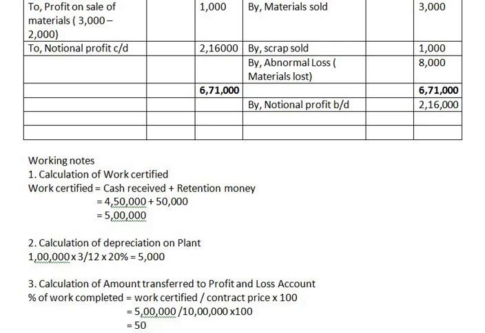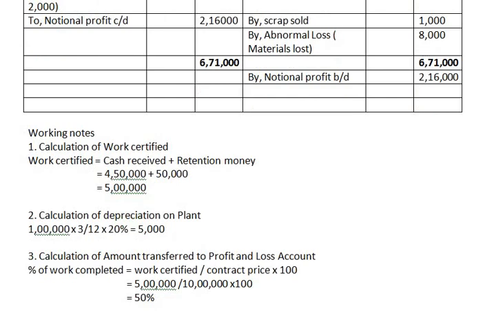It means half of the contract is completed.